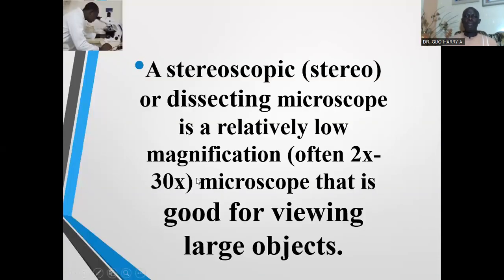It is a relatively low magnification microscope that is good for viewing large objects. It usually has a very low magnification, often from ×2 to ×30.